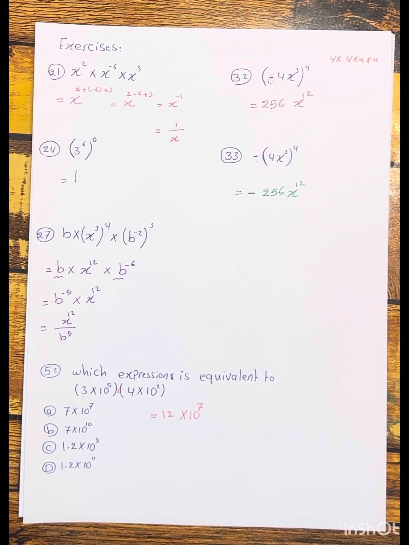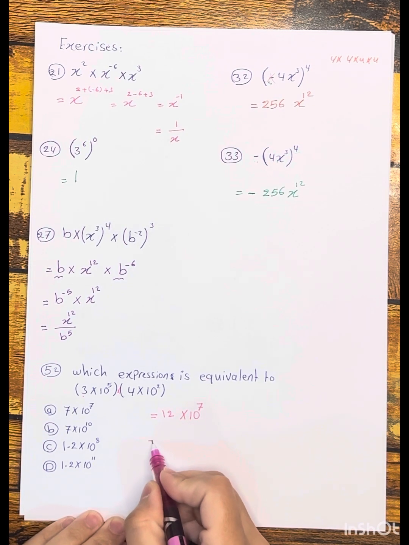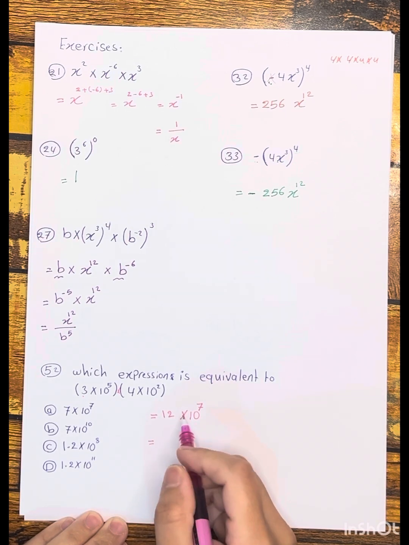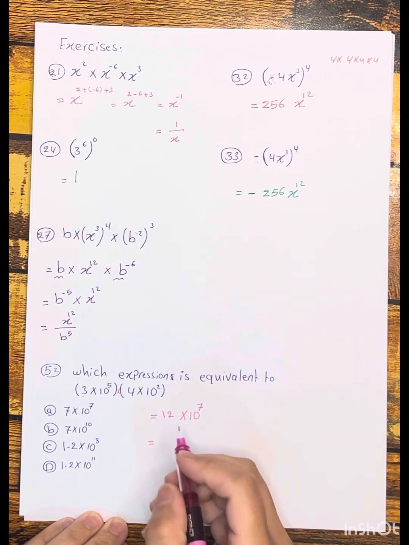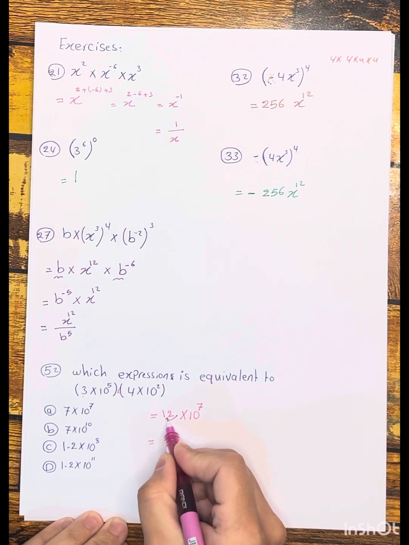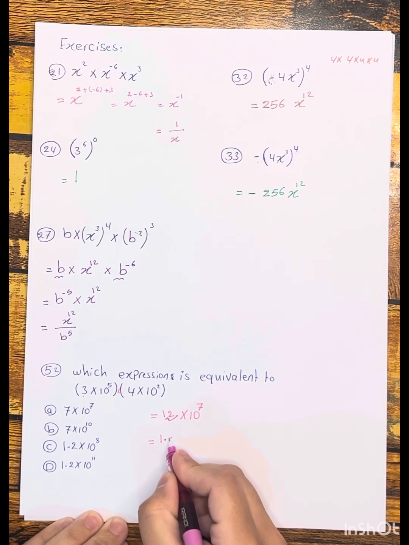multiply in scientific notation. Scientific notation says we need to write a number between 1 and 10, okay? Must be a number less than 10 and greater than 1. So it's 12. The decimal point is here, so I will take it here. It will be 1.2.